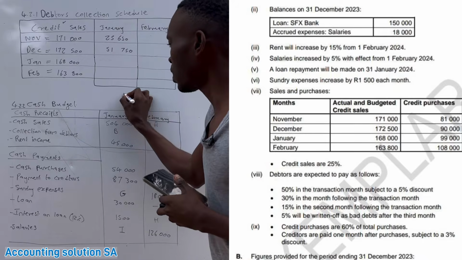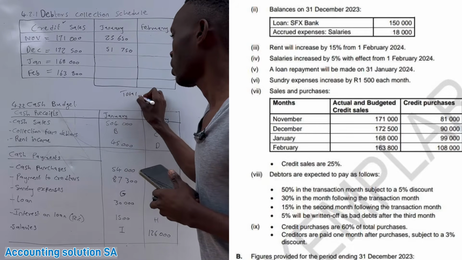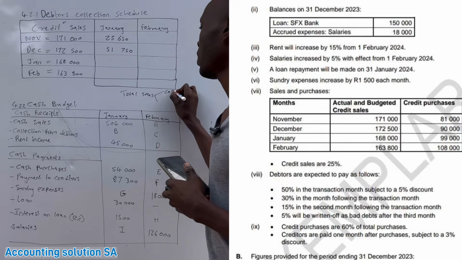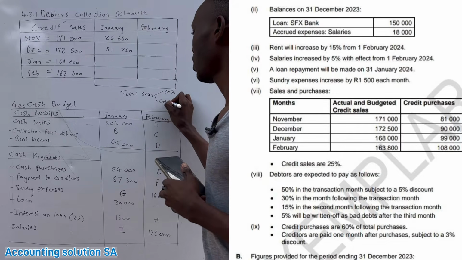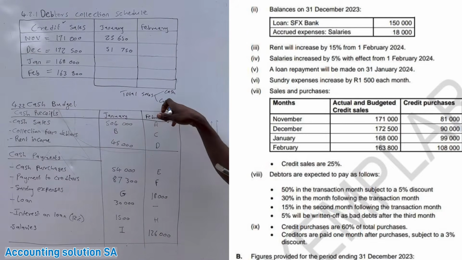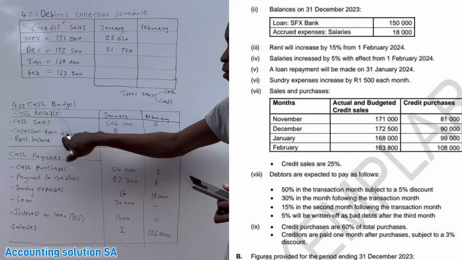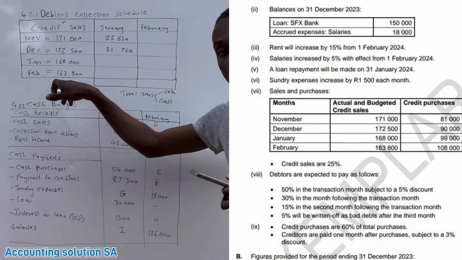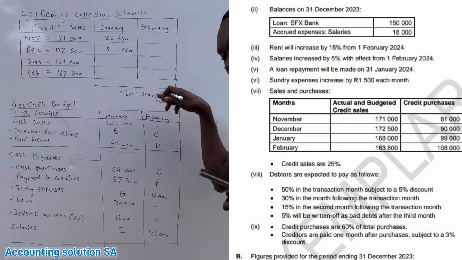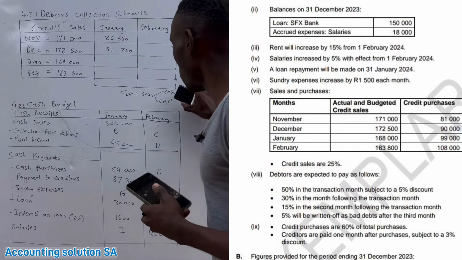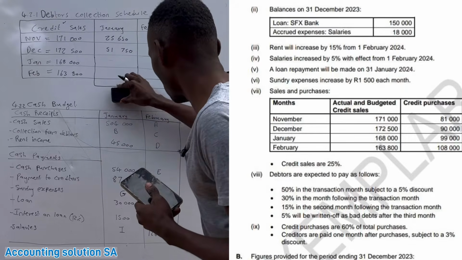Remember, total sales contain cash and credit. What we are looking at here is credit, which is collection from debtors. Collection from debtors is the debtors collection schedule. Cash sales is a separate story, which means we have to split them because they are not recorded in the same column.